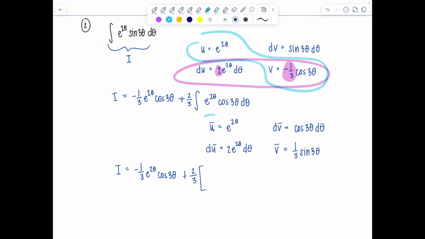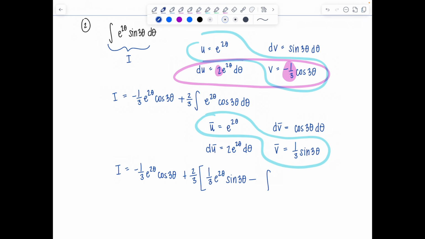So we're going to have outside the integral this diagonal product, which is going to be 1/3 e to the 2 theta sine 3 theta minus integral this horizontal product here, which is going to be, let's take the 2/3 out, and then we have e to the 2 theta sine 3 theta d theta. Good?